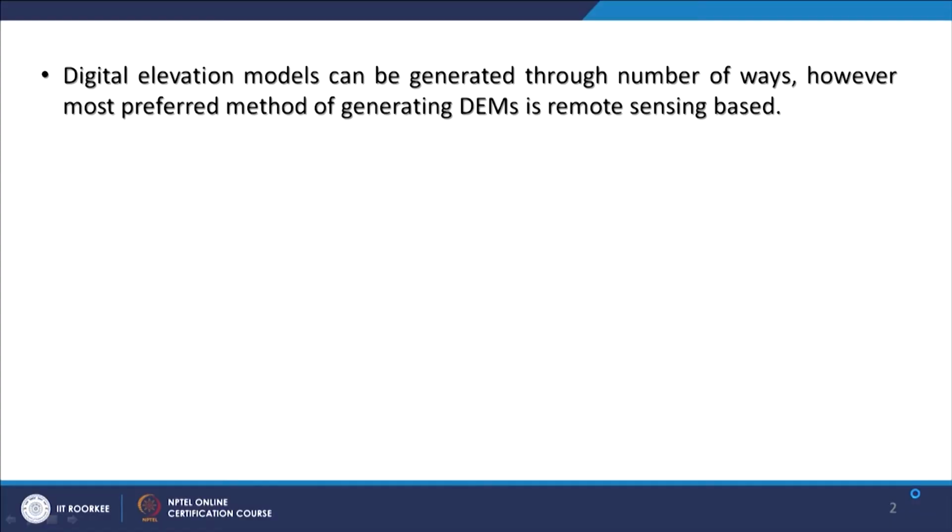As you know, digital elevation models can be generated using various techniques, and whatever the known techniques so far, we will be discussing one after another in these three discussions.